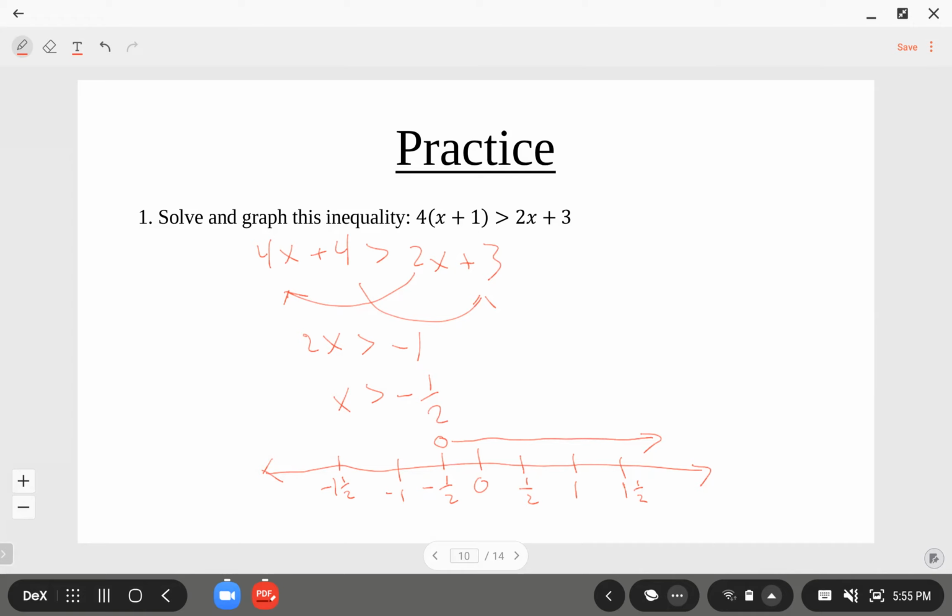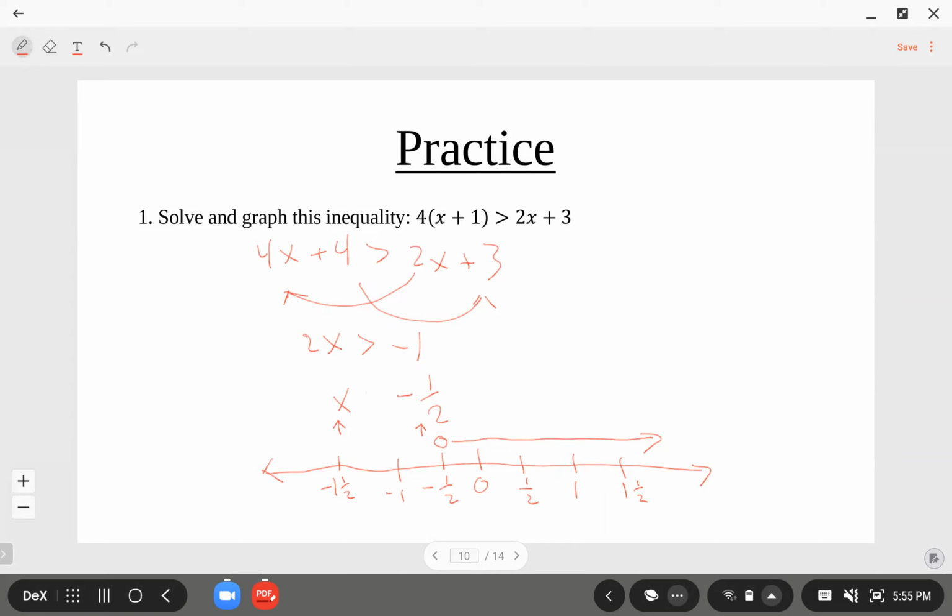If your x is on the left side and your numeral is on the right-hand side, it's perfect. You see this sign? This will help you know which way the arrow goes. This line resembles an arrow, and the way this sign points is where the arrow will point.